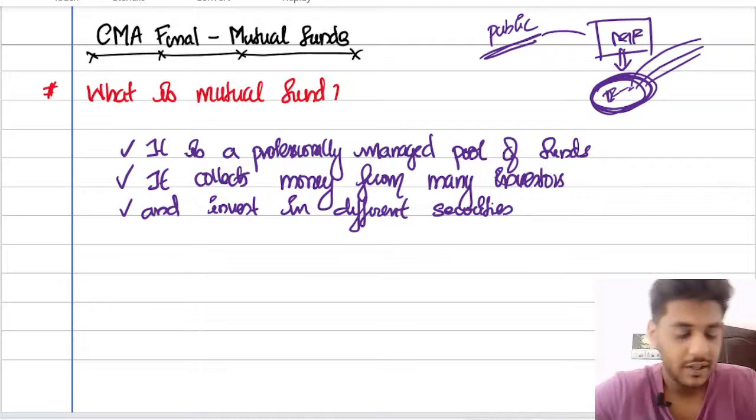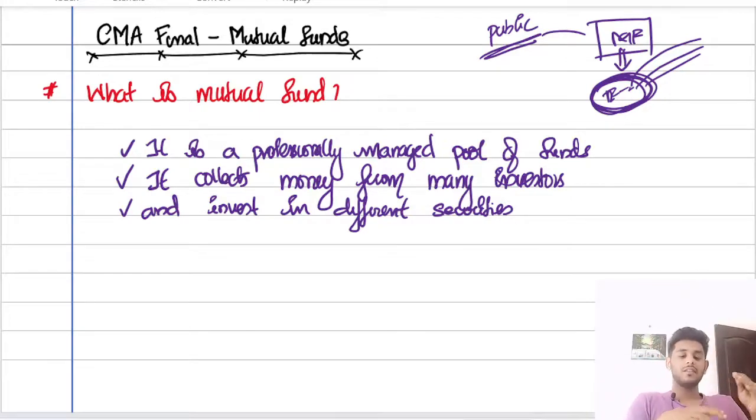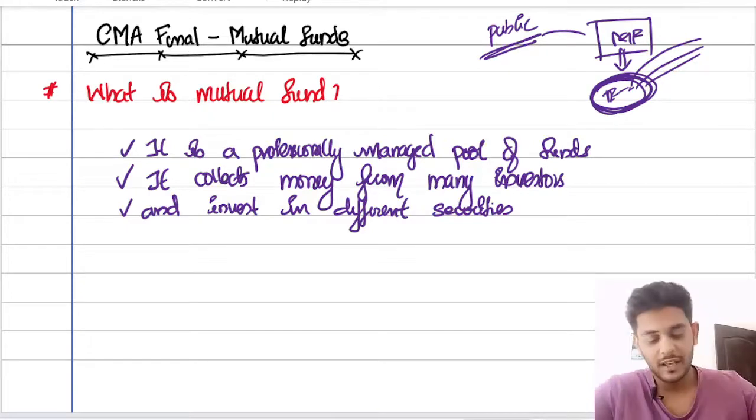Why they are investing in different securities is it is a diversification of risk. Okay, if we concentrate on one particular security, it will increase the risk only. So they will invest in different securities. Like for example, a part of investment might be in the oil industry and a part of investment might be in the sugar industry. So likewise they will diversify the investments, so the risk will be minimum.